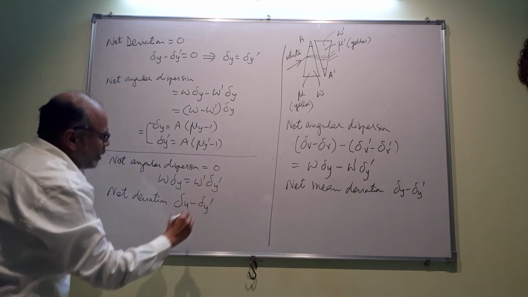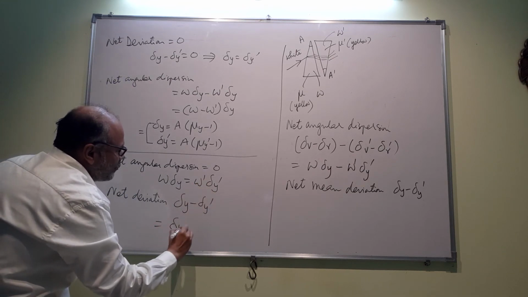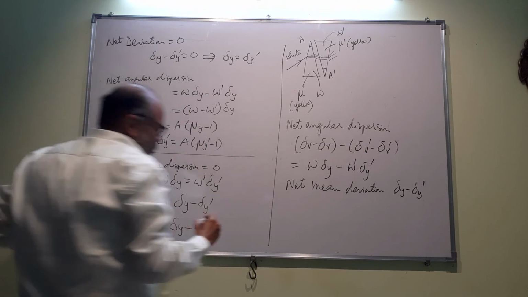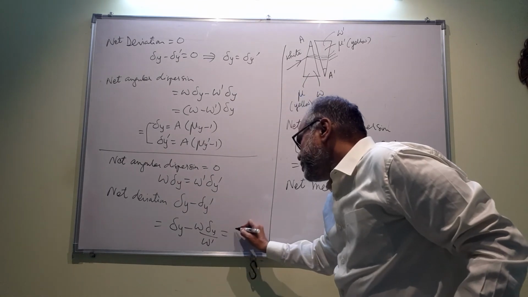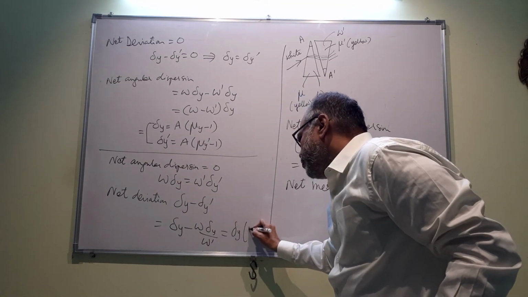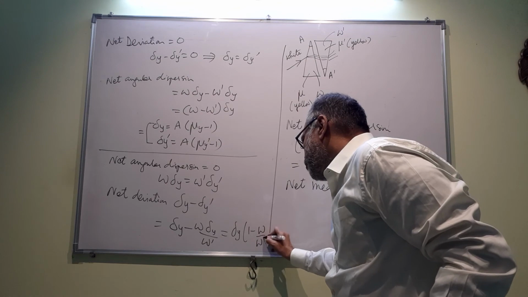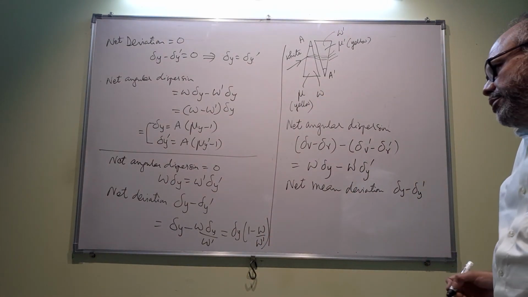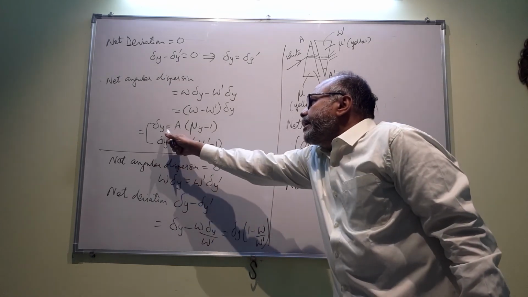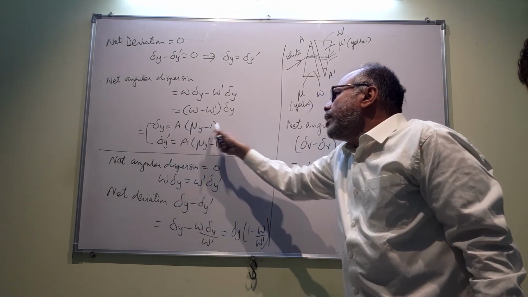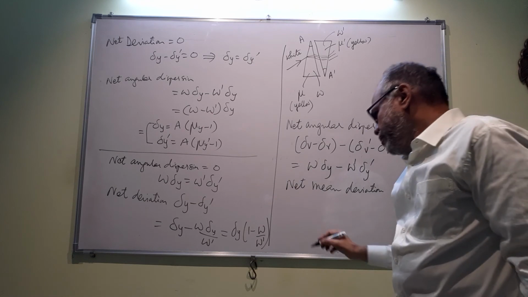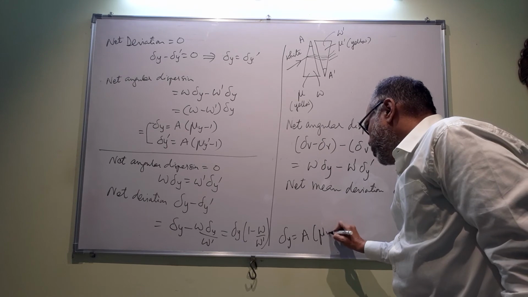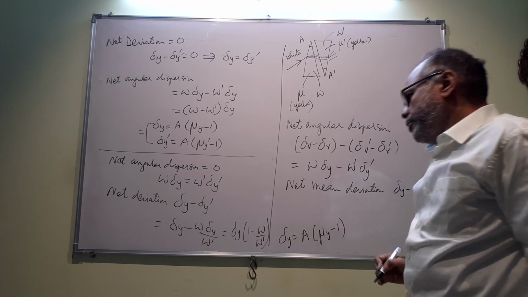We can substitute for del y dash. Del y dash should be omega del y by omega dash, so this will give us del y into 1 minus omega by omega dash. That would be the net deviation, where del y will be a into mu y minus 1.